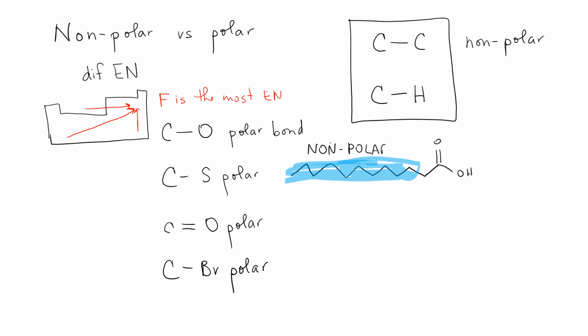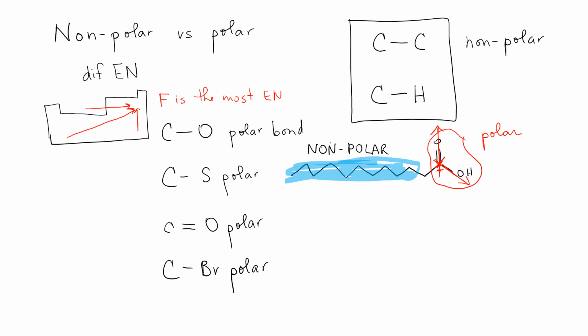It's nonpolar because they're all carbon-carbon or carbon-hydrogen bonds. But this end of the molecule is polar. It's polar because oxygen is more electronegative, so it pulls the electron density to itself. So this fatty acid basically has two ends to it, a nonpolar end and a polar end.